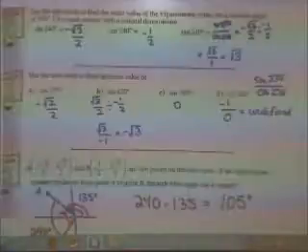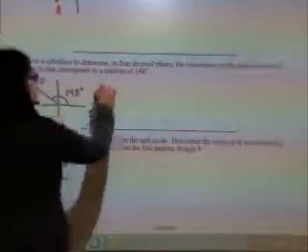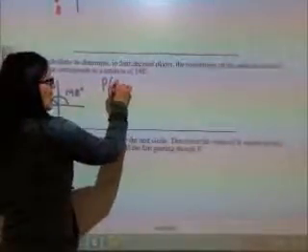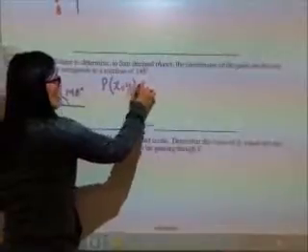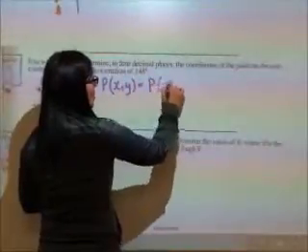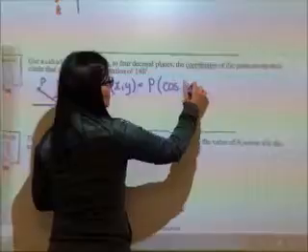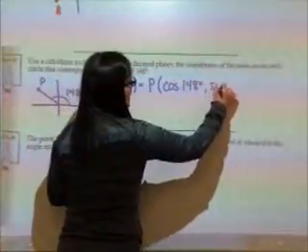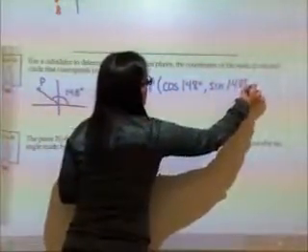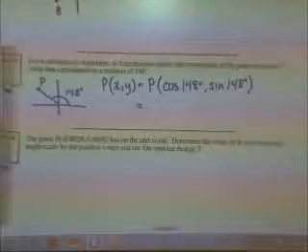So if my angle is 148 degrees, my point x and y would be cos 148 and then sine 148. And I would use my calculator to determine what those values are. So what is cos of 148 to 4 decimal places?